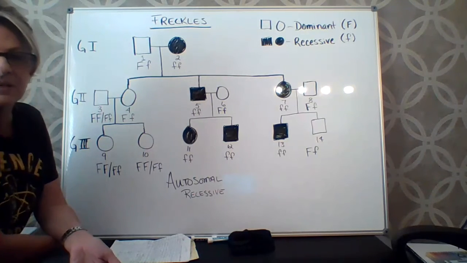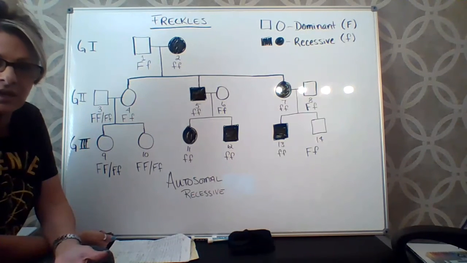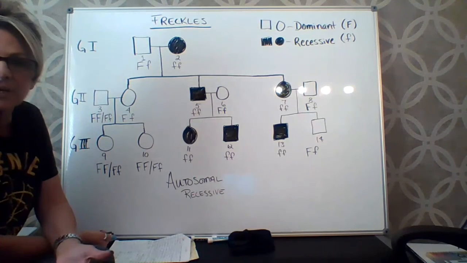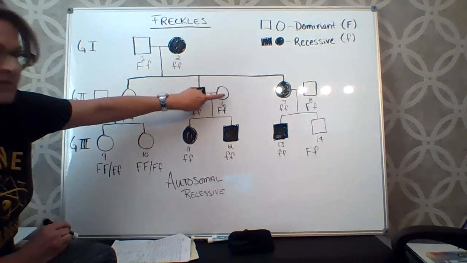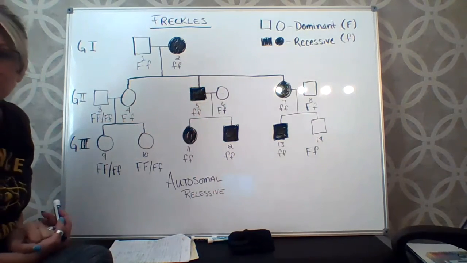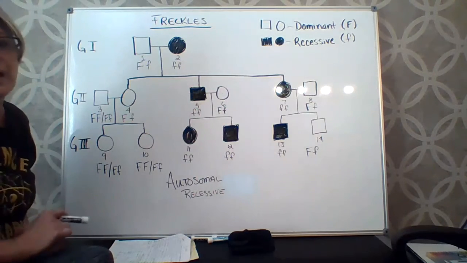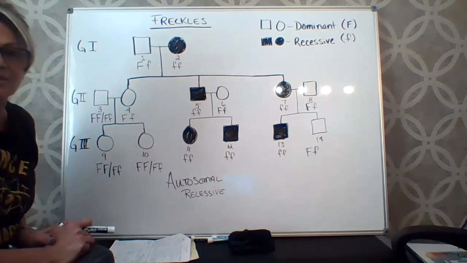Could I pass it on to my children? How did my children end up expressing this trait? We look at somebody like this who maybe didn't have freckles and was surprised to find that they had children with freckles. Now they can look back and understand how that process occurred.